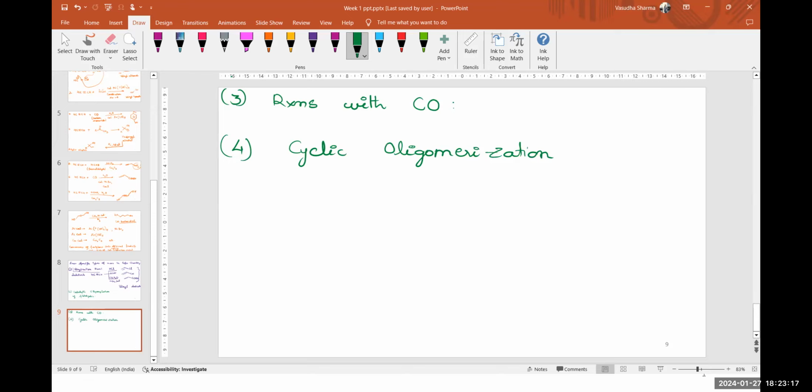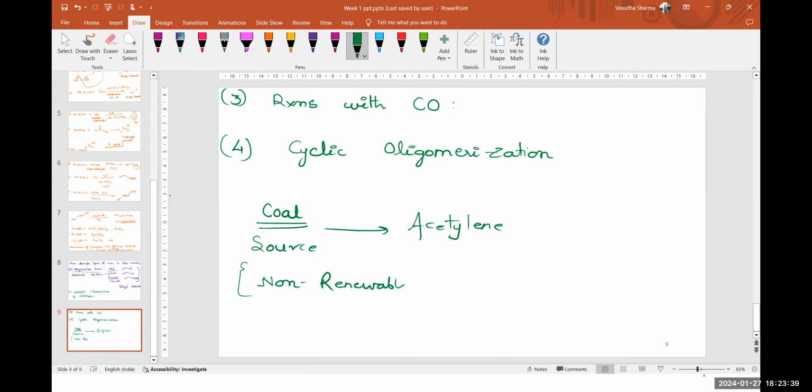And then in the next lecture, what we understood is that coal is basically the source of acetylene, and this coal is a non-renewable source. Once it is gone, it is gone. So that's why we are looking for other alternatives.